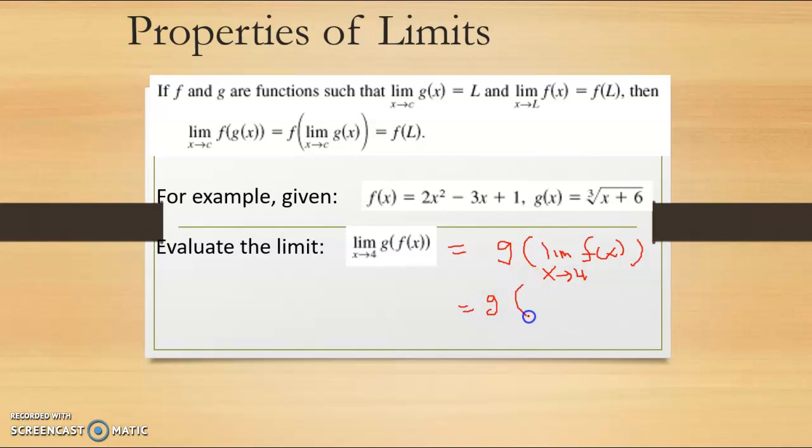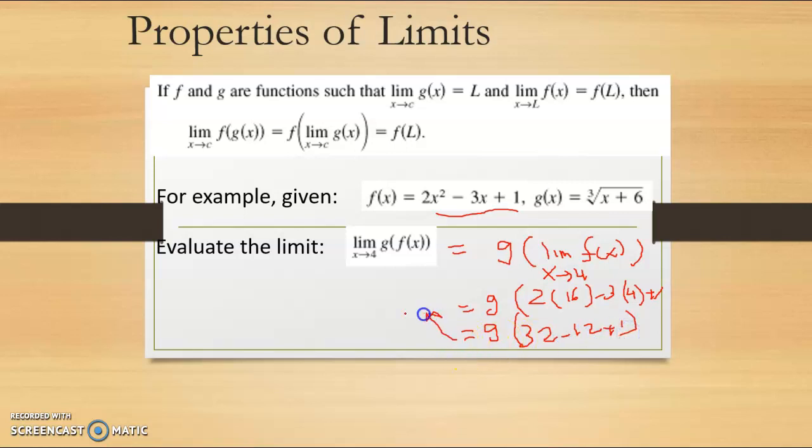g of, when you apply x equal to 4 to this function, you see 2 times 4 squared is 16, minus 3 times 4 plus 1. This equals g of, you can simplify this, so 32 minus 12 plus 1.